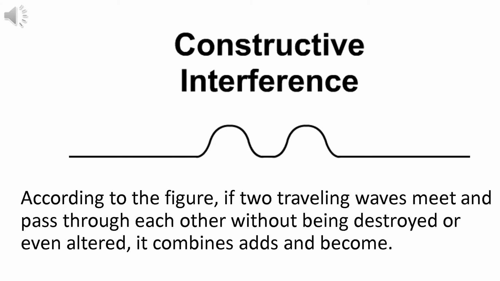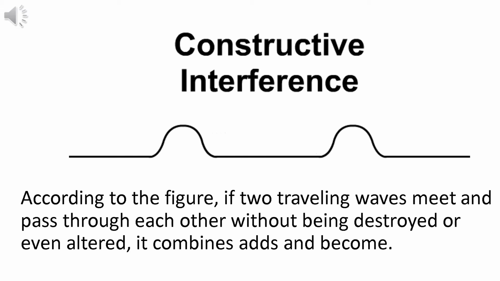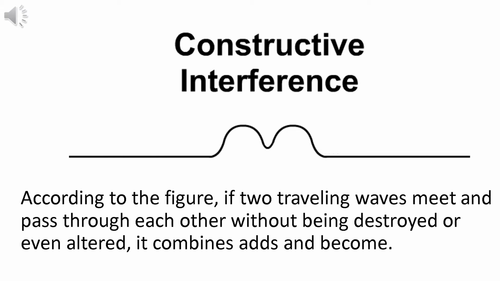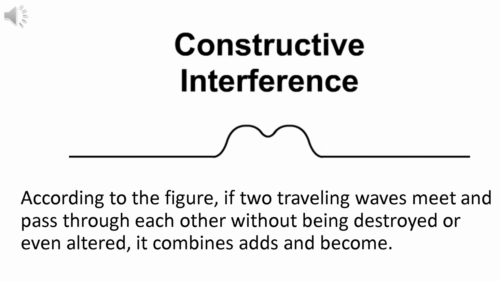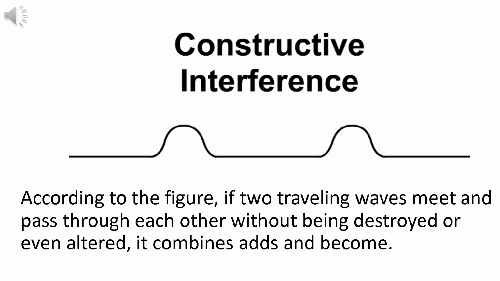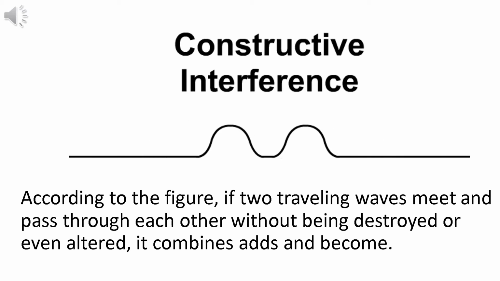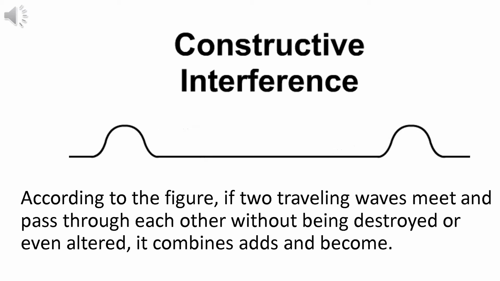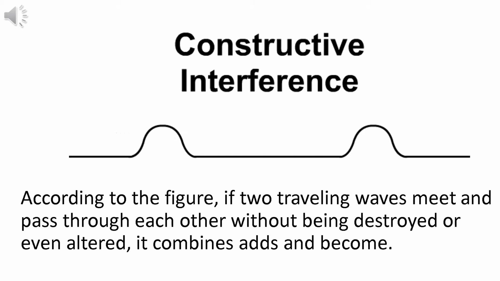Okay. So we will tackle the first interference, the constructive interference. So according to the figure, if two traveling waves meet, diba, and pass through each other without being destroyed or even altered, it combines, adds, and become one. Okay.